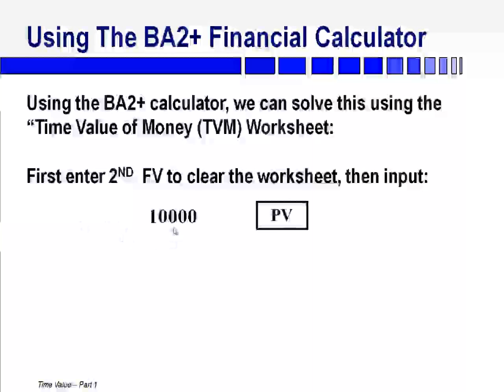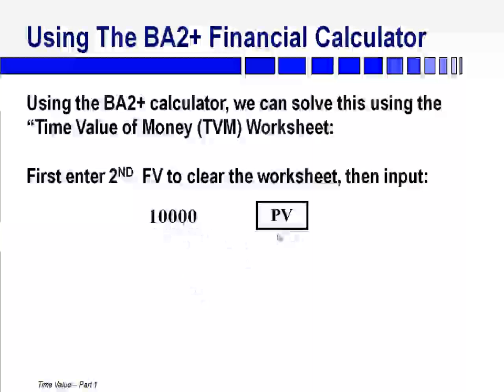So for example, you would want to give it the value first, the $10,000, that's our value. Then you hit the PV key. That tells the calculator to store the 10,000 in PV. You don't hit PV followed by 10,000. You would hit 10,000 followed by PV.